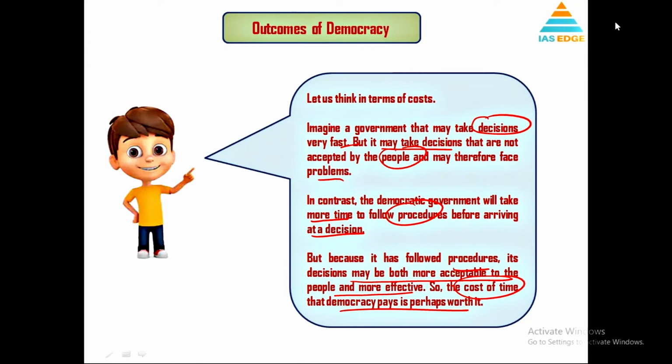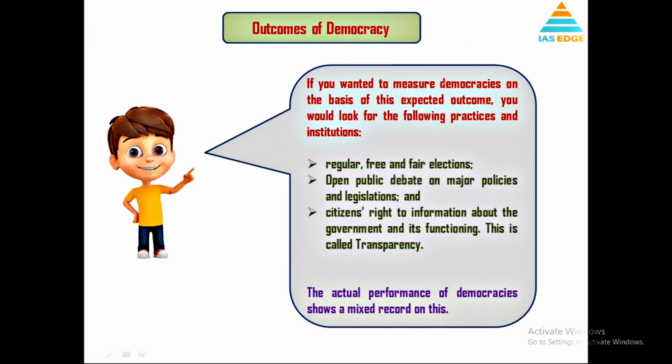But let's imagine a government that takes decisions very fast, but it may take decisions that are not accepted by people and may have to face problems. In contrast, a democratic government will take more time, follow procedures before arriving at the decision, and because it has followed procedures, its decision may be more acceptable to people and more effective. So the cost of time that democracy pays is perhaps worth it.